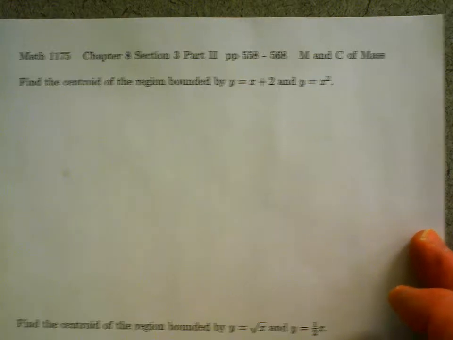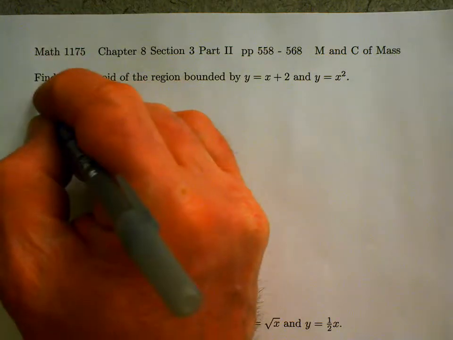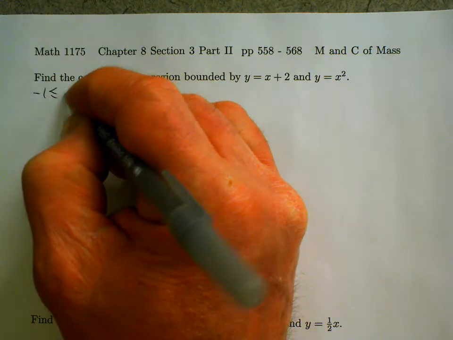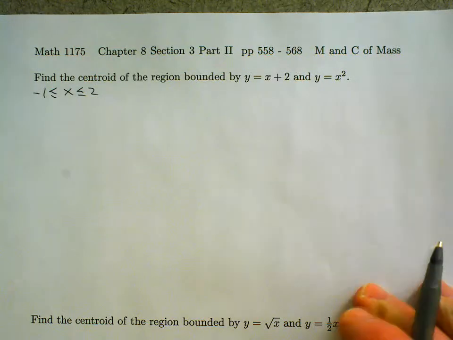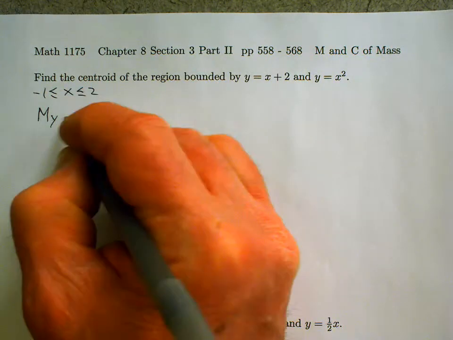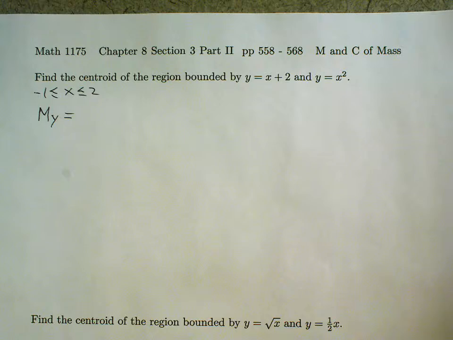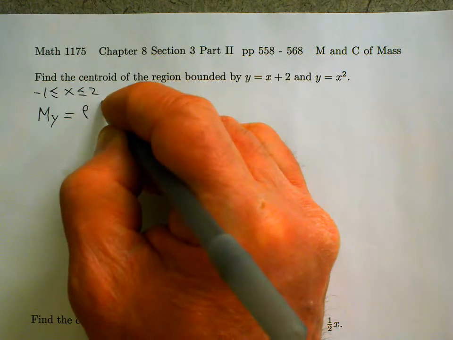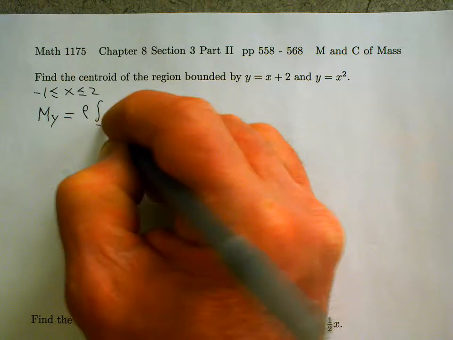Okay, so we know the interval is for x values between -1 and 2. And we want to find the moment of the region about the y-axis. So this will be rho times the definite integral from -1 to 2.